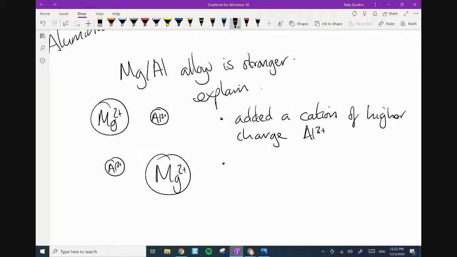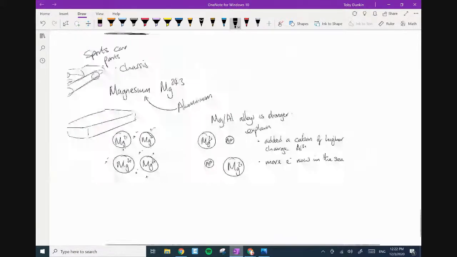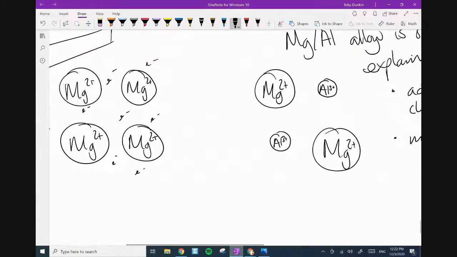Yeah. Also, more electrons now in the sea. Instead of having, so in this picture, we had this guy here. This guy donated him and him to the sea. And this guy here donated him and him to the sea. Well, we've replaced them now.